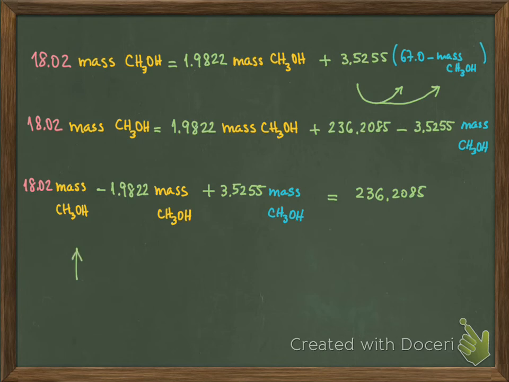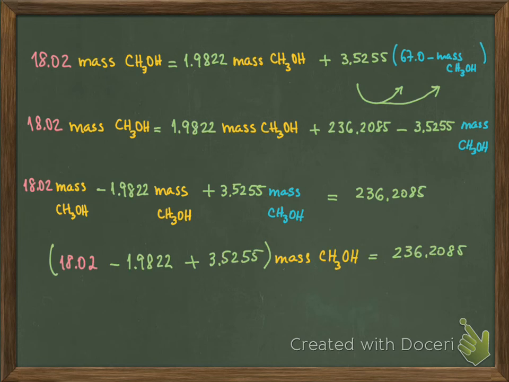Since all of these terms are mass of methanol, I am going to consolidate the numbers in parentheses. Once we have our equation a little bit more organized with all the terms in mass of methanol consolidated, we can simply subtract and add as appears in the parentheses.